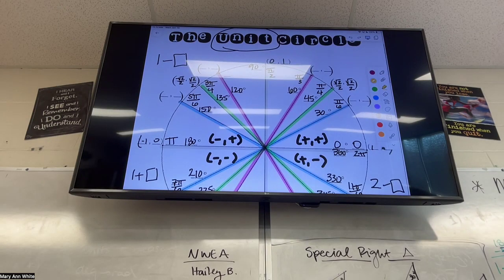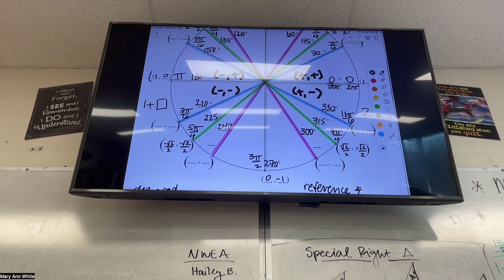Okay. What about 120? 120 is what as a radian? 2 pi over 3. 240 is what? 1 plus 1/3. 4 pi over 3.